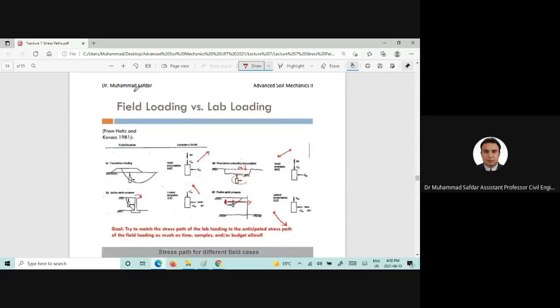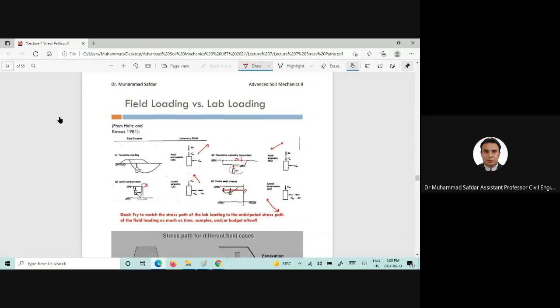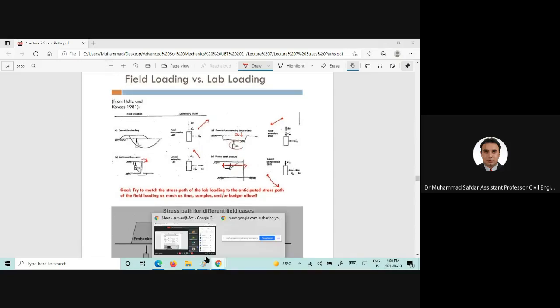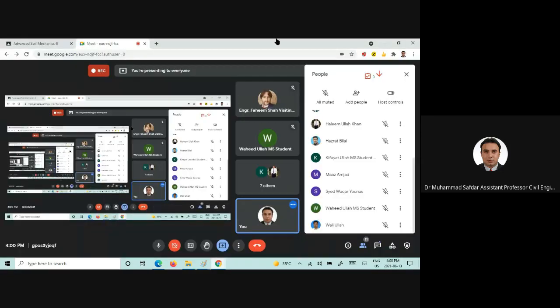Now, how about the field loading? Shabir, Wali, Fahim, anyone else? Shahid.